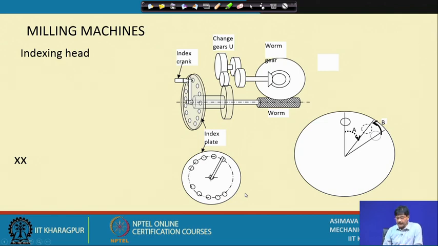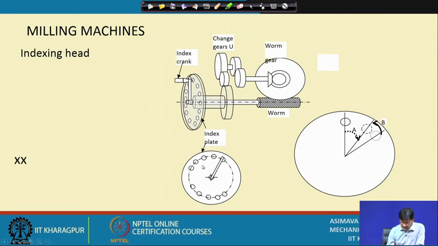So, if I am having this sort of, I have drawn it in two dimensions, in the sense that this is the index crank, this is the index plate, right goes the worm through, and this worm is connected to the worm gear, and here with the help of bevel gears I have turned the rotation, and this is the change gears.